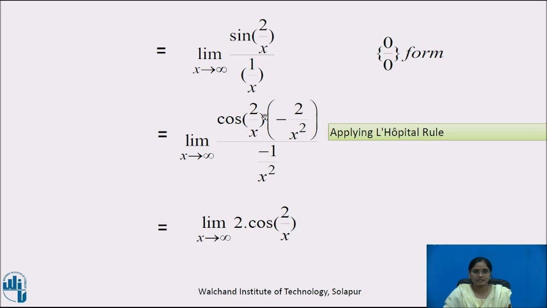Differentiation of 1 by x is minus 1 upon x square. Simplify the terms. Now this minus gets cancelled, this x square gets cancelled, students. Here you are getting limit x tends to infinity of 2 into cos of 2 by x.